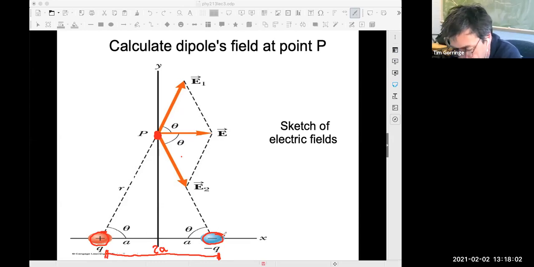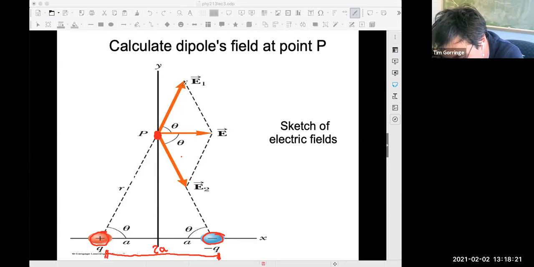And so the first thing in trying to understand and picture the resulting electrical field of this arrangement of charges is I sketched the individual fields, and then I looked at how those fields will superimpose, how they will add up to make a resulting electrical field.